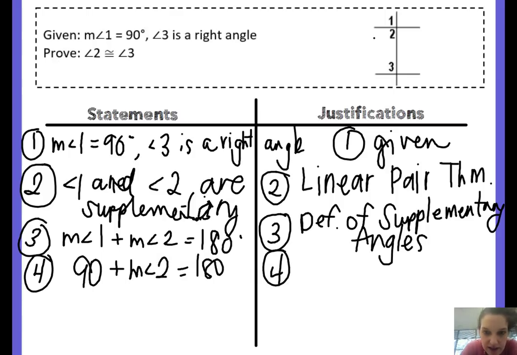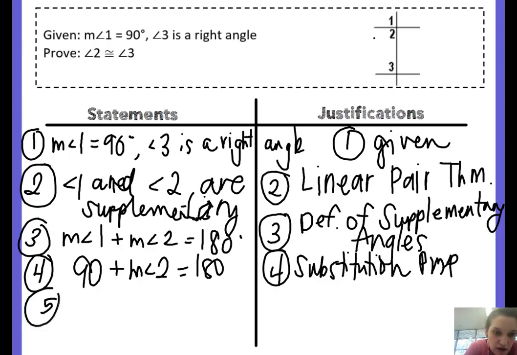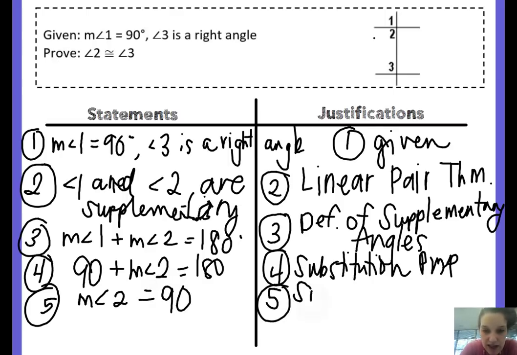That is the substitution property. Then I'm trying to say that the measure of angle 2 is 90, so I need to subtract 90 from both sides. So the measure of angle 2 is 90. That's the subtraction property. I subtracted 90 from both sides.